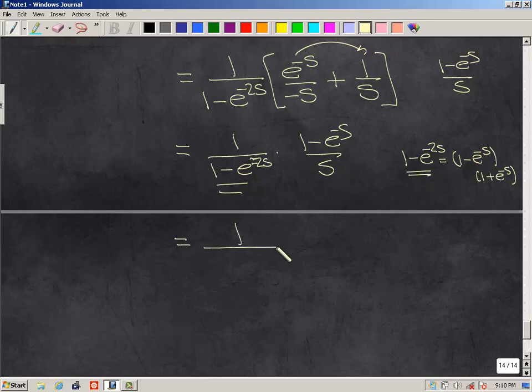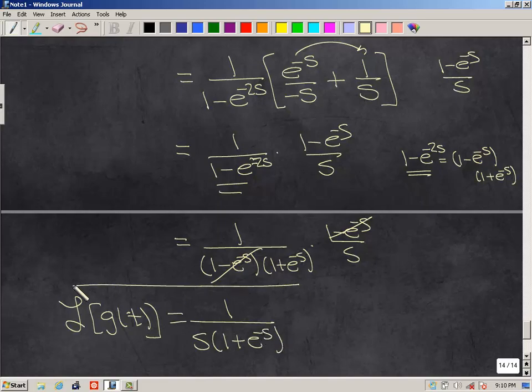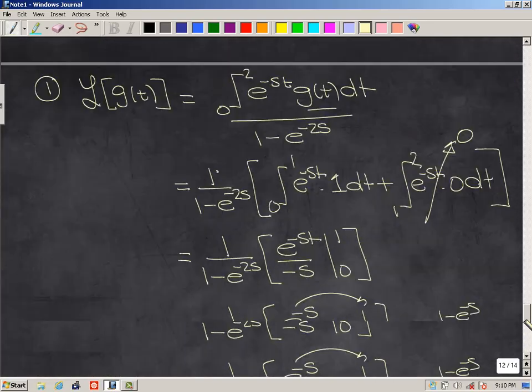So I get 1 minus e to the negative s, 1 plus e to the negative s, times 1 minus e to the negative s over s. These will cancel, so we get the nice Laplace transform of the square wave function. It is 1 over s times 1 plus e to the negative s. So that is the answer to that problem, how to take the Laplace transform of that.